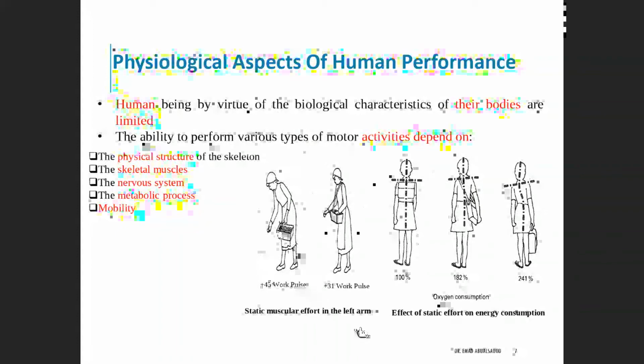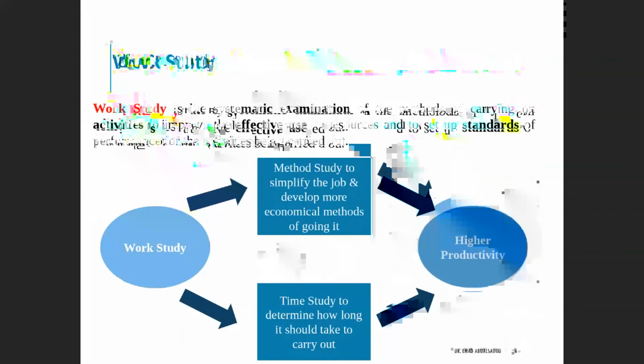So this was an example of how human factors and ergonomics study and analyze the physiological aspects of human performance. We will now explore a little bit more some of the methods or sub areas in human factors and safety, which is work study.